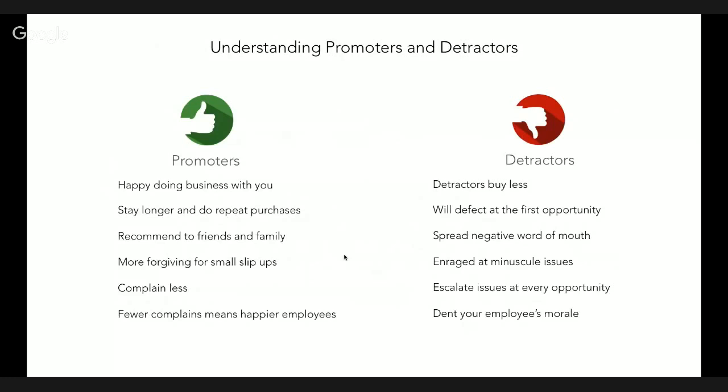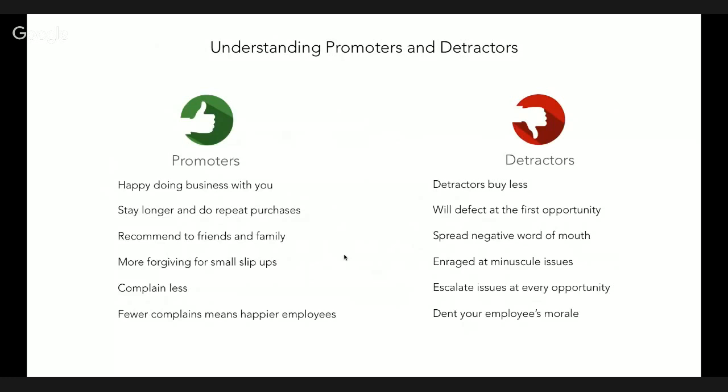Whereas the detractors, as you can imagine, since they are already disgruntled, are going to raise a lot of hue and cry over even minuscule issues. The promoters similarly complain less, but detractors escalate every issue at every opportunity.